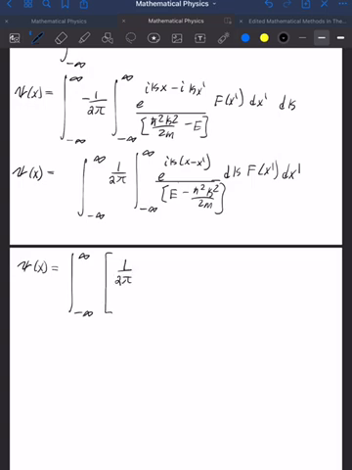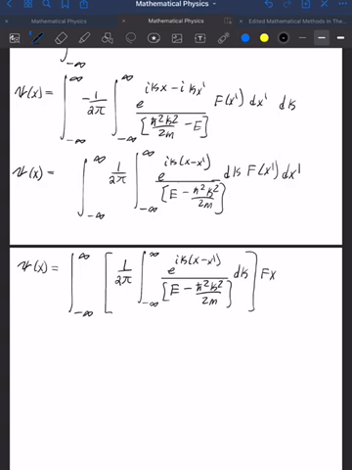1 over 2 pi, the integral from minus, wow, that is a bad integral. The integral from minus infinity to infinity of e to the i k (x minus x prime), divided by E minus h bar squared k squared over 2m, dk, f of x prime dx prime.